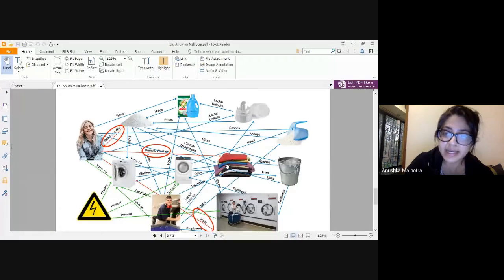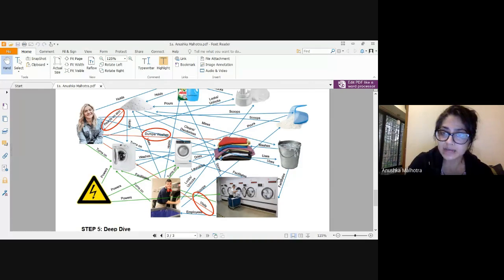What I have identified as a problem statement, so there are some that are green arrows, for example, the power voltage. So the power voltage ends up giving sufficient power to run machines and to run dryers. Of course, we're assuming that we are looking at a geographical area that does not face much electricity power shortages.